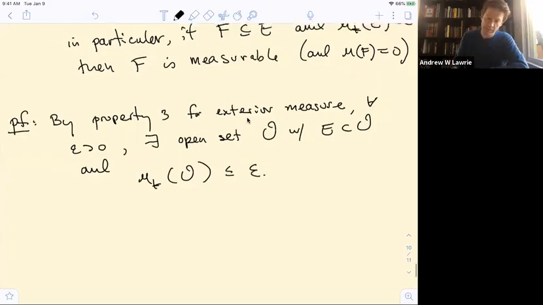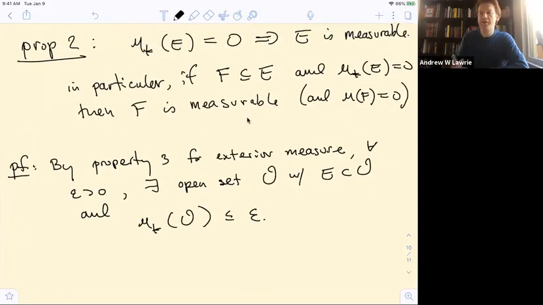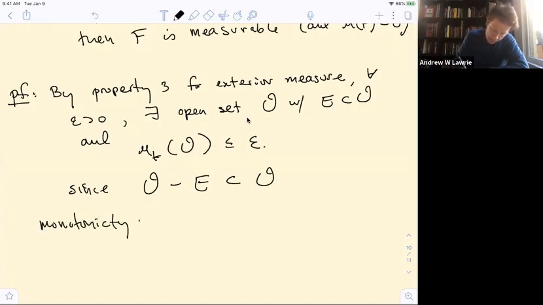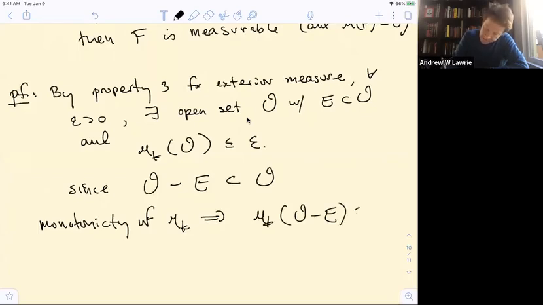We're assuming the exterior measure of E equals 0, so there's an open set which has measure epsilon, which contains E. But now, since O minus E is a subset of O, monotonicity of the exterior measure implies that mu star of O minus E is less than or equal to mu star of O, which is less than or equal to epsilon.